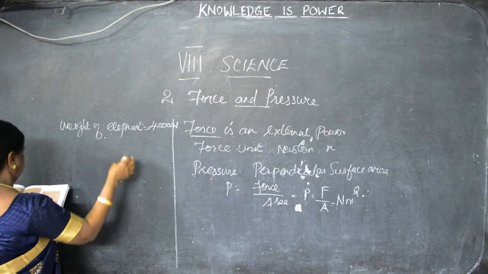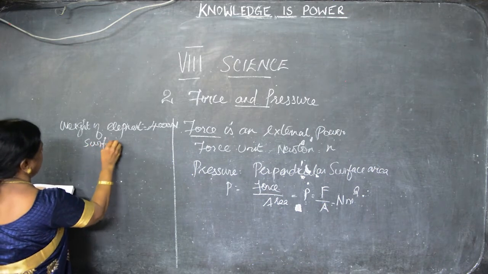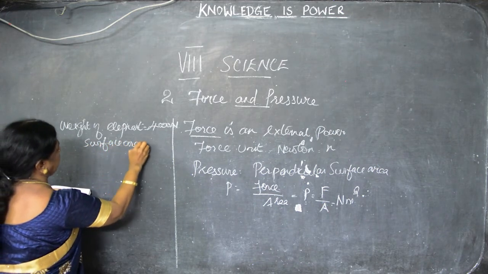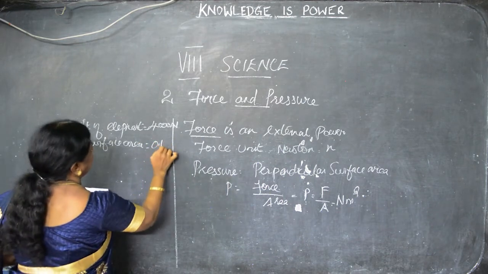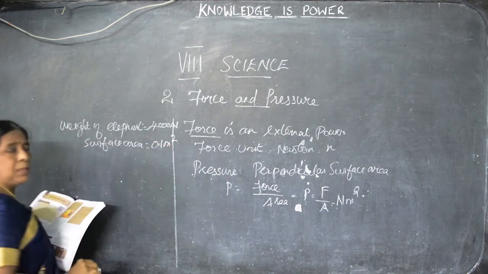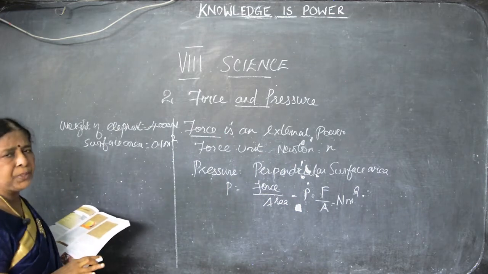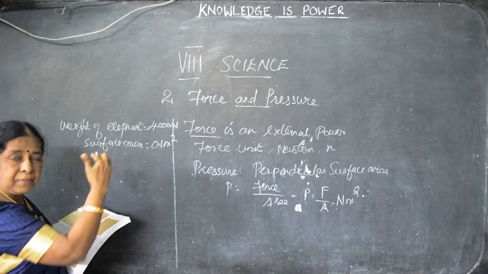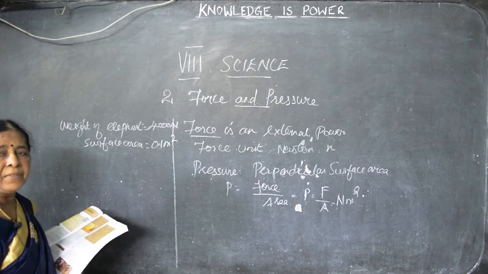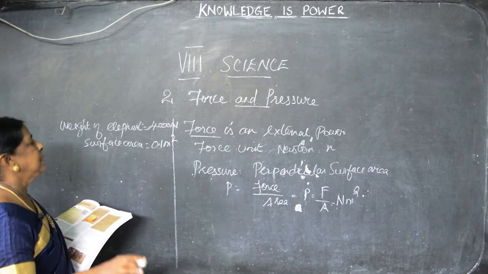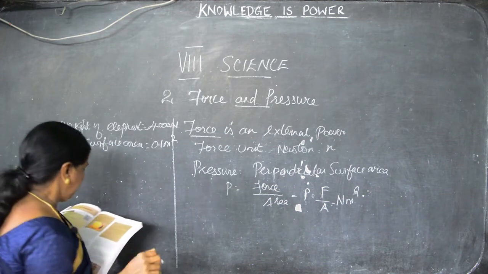Then we have to see the surface area where the elephant stands. The surface area of the 4 feet together is 0.1 meter squared. Two factors we are finding: one is the weight of the elephant, 4,000 Newton, and the other is the surface area where the force acts, 0.1 meter squared. Area means squared only.